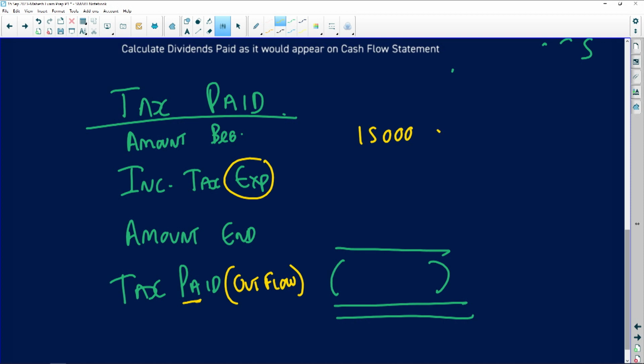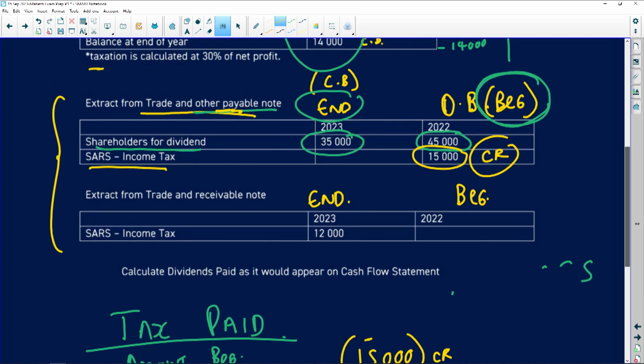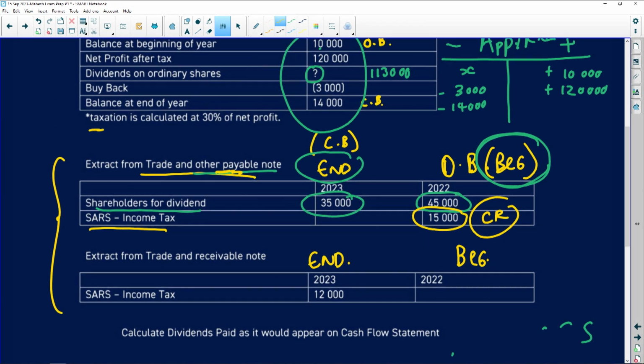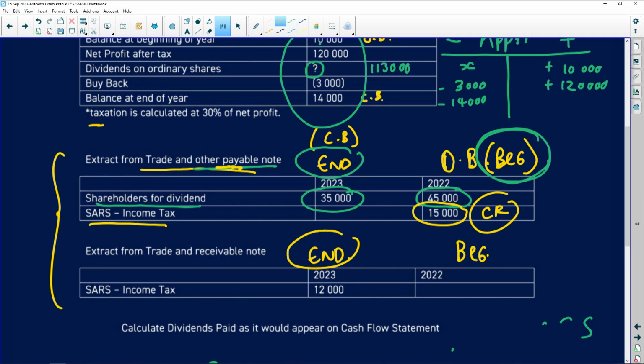That's what I'm owing. It's a credit balance, and this will be in brackets, or it's a negative amount. Okay. What am I owing at the end of the year? Am I owing SARS at the end of the year? So if you look at the end of the year, there we go. Trade and other receivables, right? So in other words, a debit balance. I ended up overpaying SARS by 12,000.